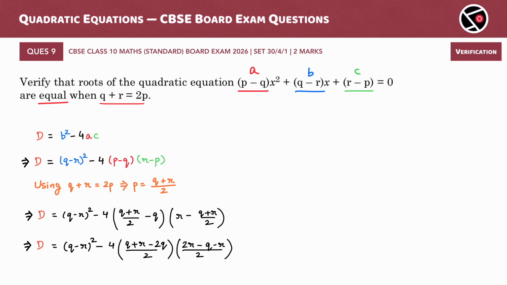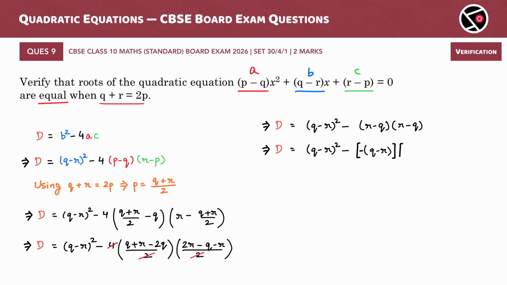the 4 in the numerator cancels out with the 2 times 2 in the denominator. So the discriminant becomes q minus r whole square minus r minus q, r minus q. r minus q can be written as minus q minus r. The two minus signs cancel each other.